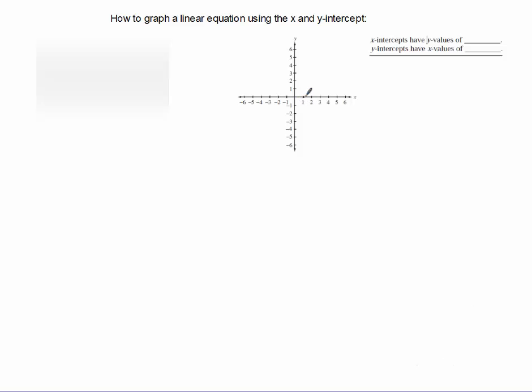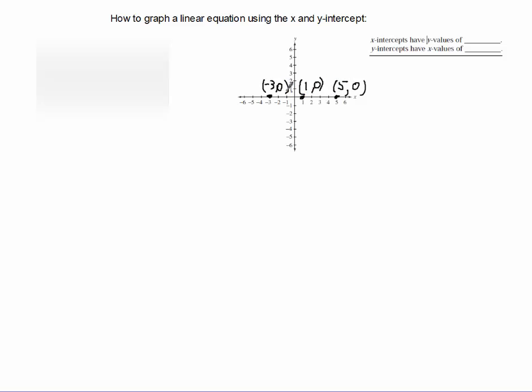If you look at points on the x-axis, say this point right here, the coordinates would be 1, 0. This point would be 5, 0. And this one would be negative 3, 0.